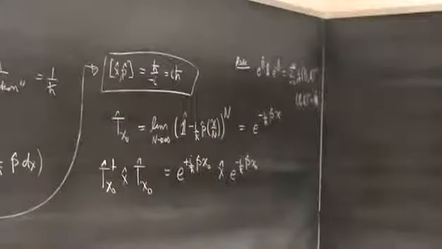So let's do it. What's a and what's b in this case? Well, here's a and here's b. It has this form.